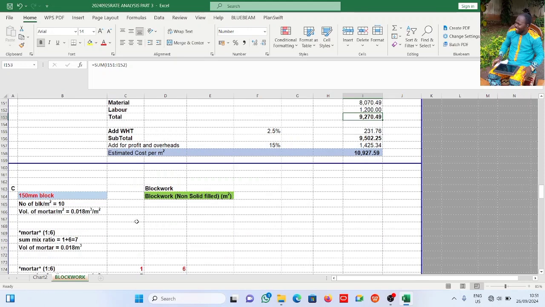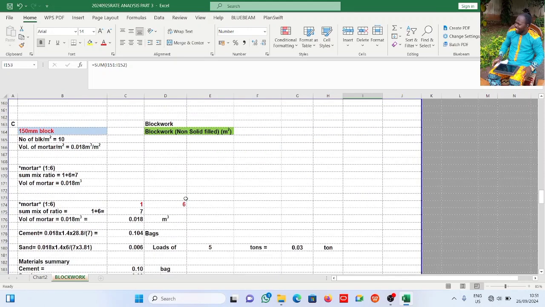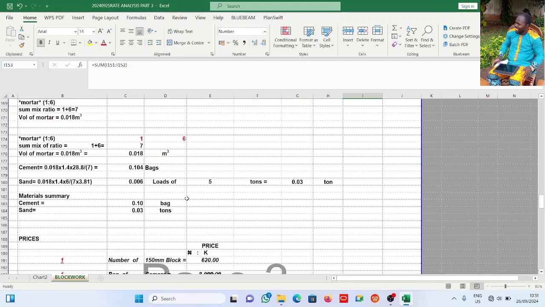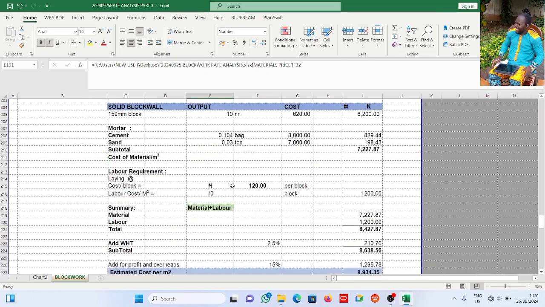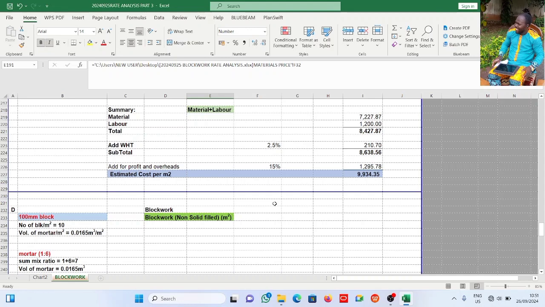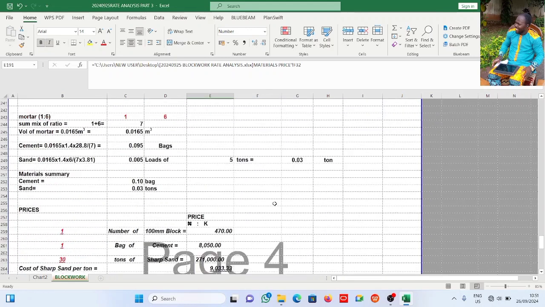And the same thing happens for the 150 block. Same process, the same way, the same method to arrive at the rate, now because the block price changes to 620 naira instead of 670 as before. For the 225, cement remains the same, the sand remains the same. Now same thing when it goes to 100 block, same method, the same process.